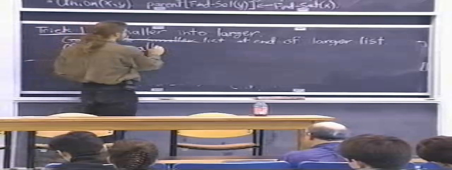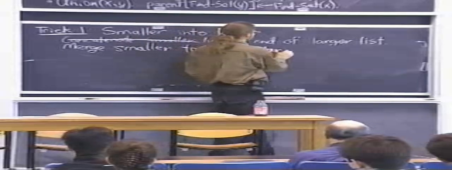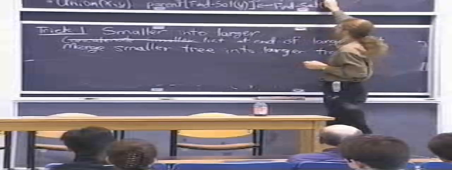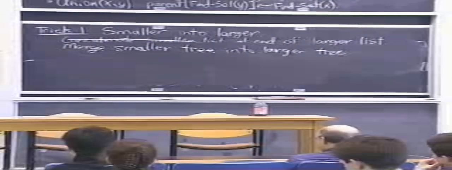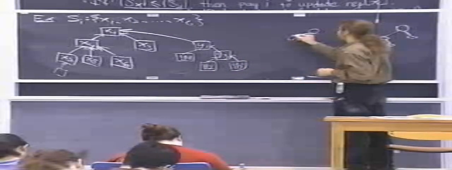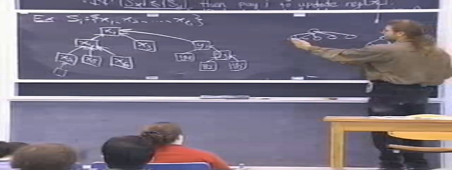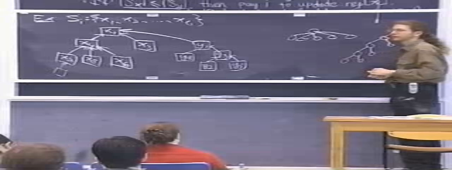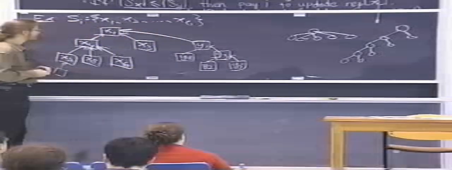I'll merge the smaller tree into the larger tree. You see, what I'm paying to do a find is the depth of the node. So I want to keep the depths of nodes as small as possible, ideally like logarithmic or something, or better. The ideal picture, of course, is that I have this tree. That would be great, because then this is like the simple linked list. Everyone stores who its representative is. If I could get to this picture, I'd be home free, because then it's constant time to do a find set. So that would be good. I want to minimize depth. Here, all the depths are like 1 or 2.